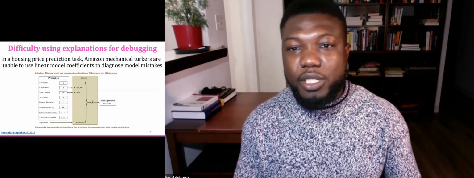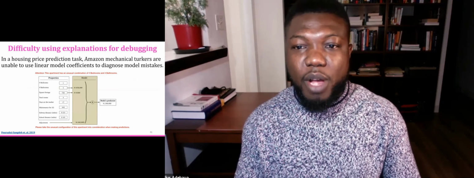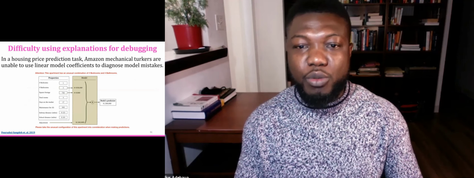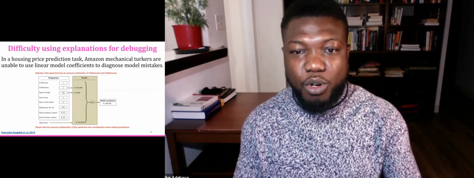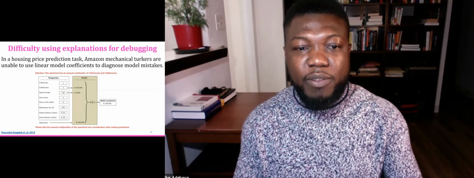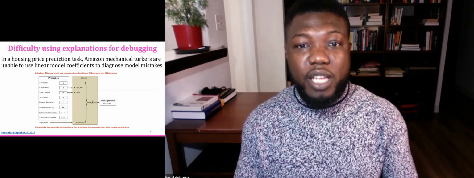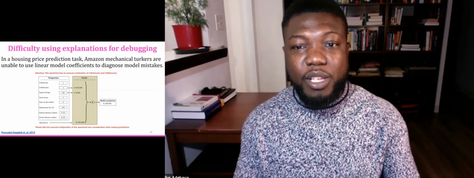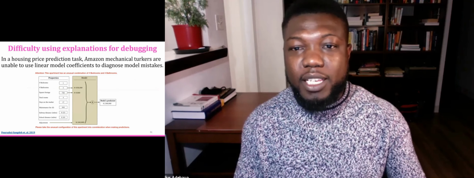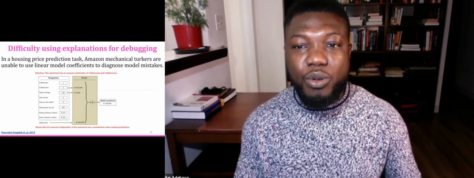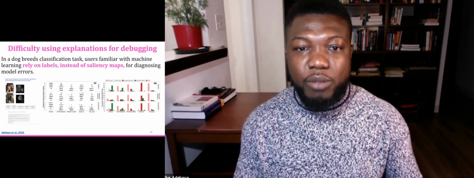This is a particularly challenging setting because, as machine learning researchers, we think of a linear model as more interpretable, easy to understand and work with. Yet in this case, we have a linear model with a small number of coefficients, but end users have a difficult time interpreting the coefficients of a linear model, indicating that more work needs to be done to better communicate model behavior.